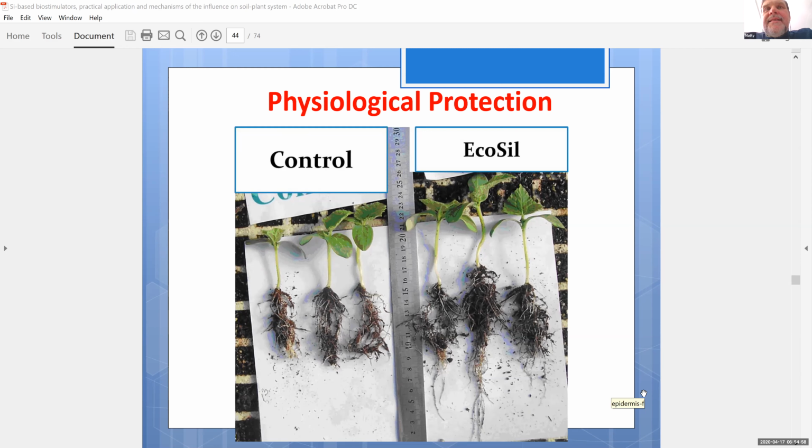It is supported not only by our data but by a lot of data which show that if we apply silicon like Ecosil, we can increase the biomass of the roots and the activity of the photosynthetic process. If the plant has more roots, the plant is much bigger. This is very interesting physiological protection. Next, please.